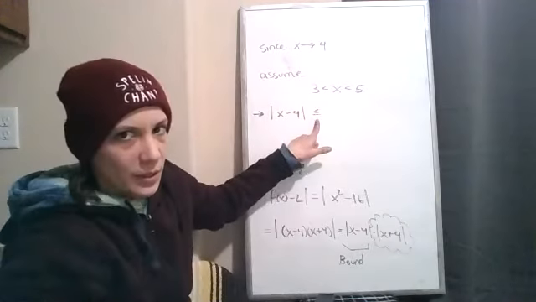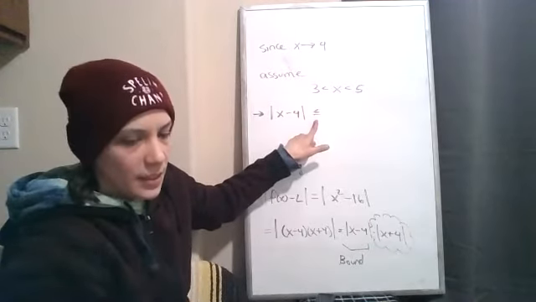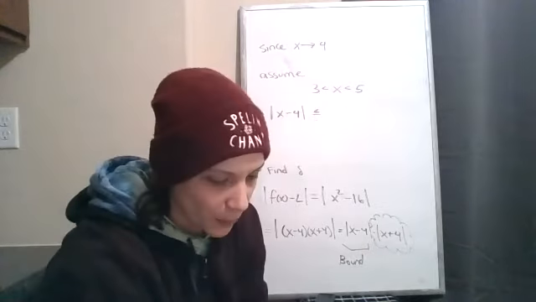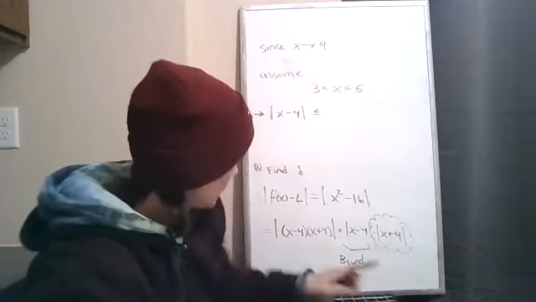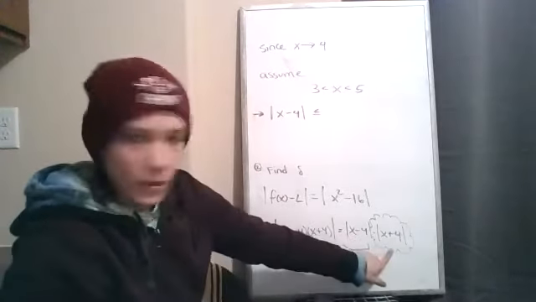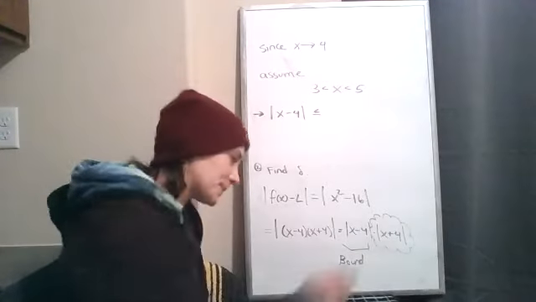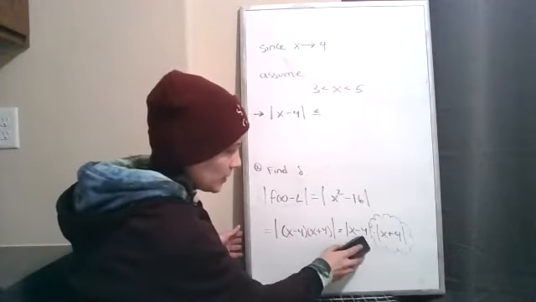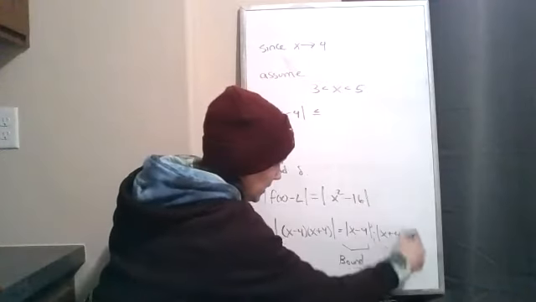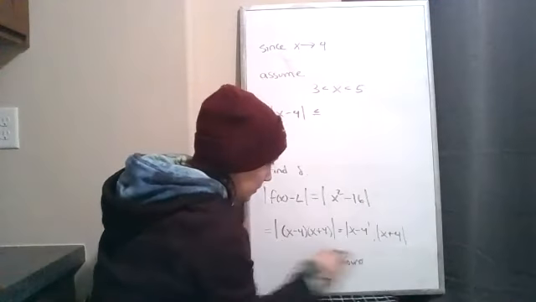This is called the Triangle Inequality. Absolute value of x minus z. Oh, I've got a plus. Oops. I circled the wrong part. This was the part, and this needs bounds. Yeah, this one's the distance between x and 4, which we had. This part's new.